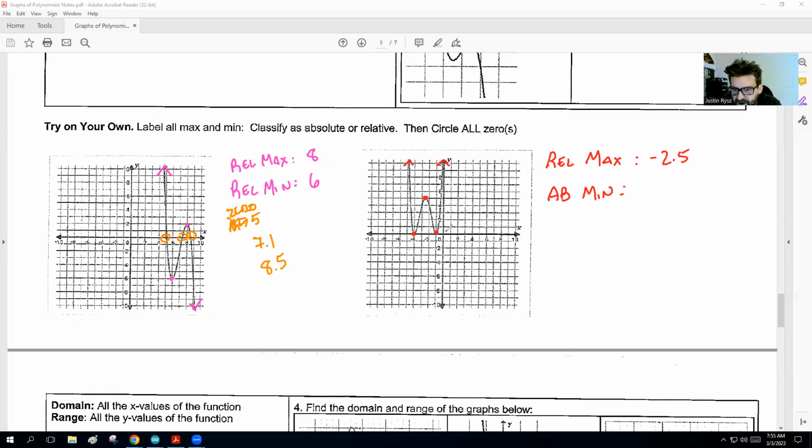But we're going to say both of these are the absolute min. You can have multiple things be the same. So at -4 and at -1. And then our zeros, I would probably also argue that these touch the x-axis right there. And so we could say that our zeros are also at -4 and -1.